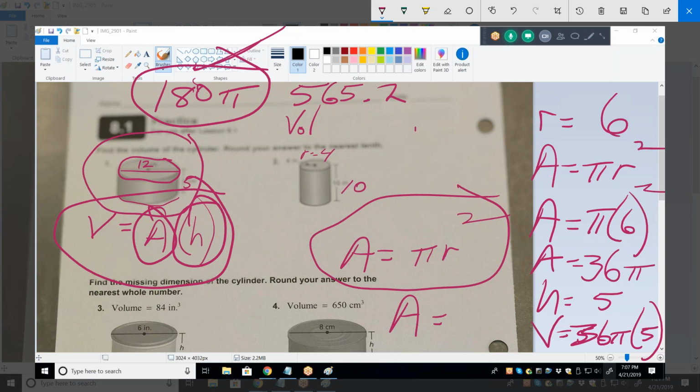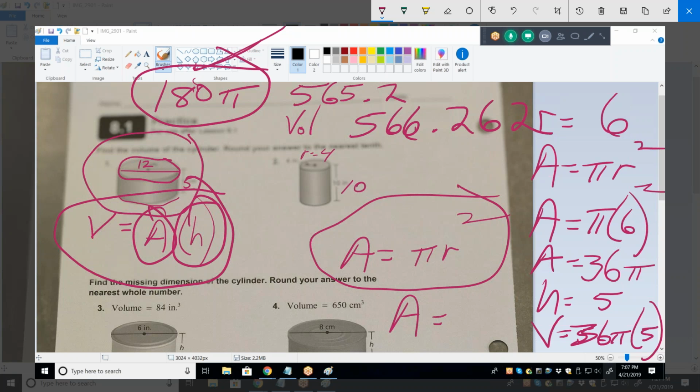Hold on. Let me do it on mine. 180 times, and I'm going to use 3.1459. I don't have a pi key on mine. What I get is the following: 566.262.